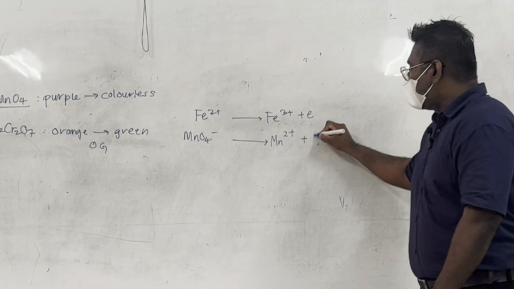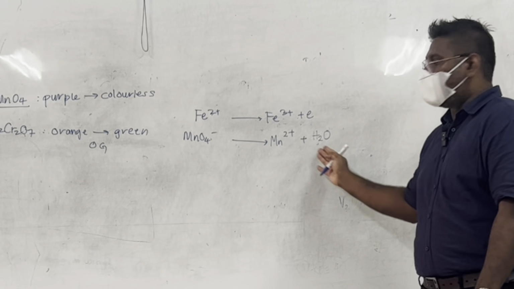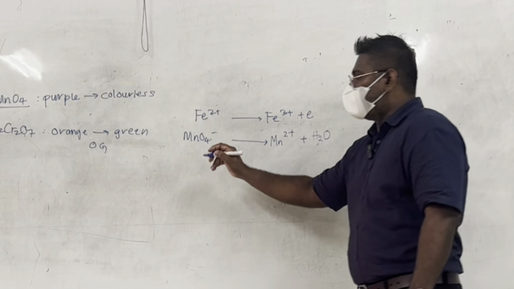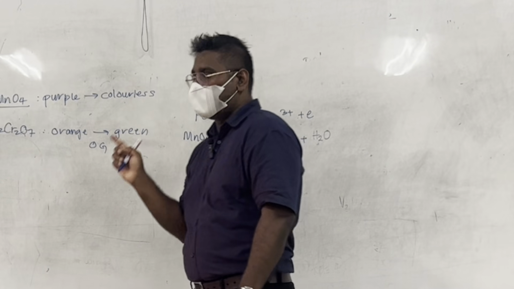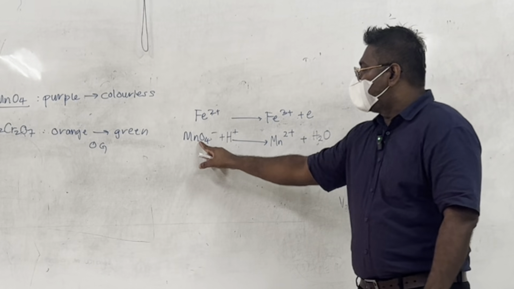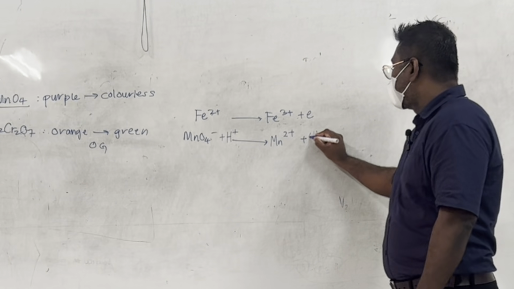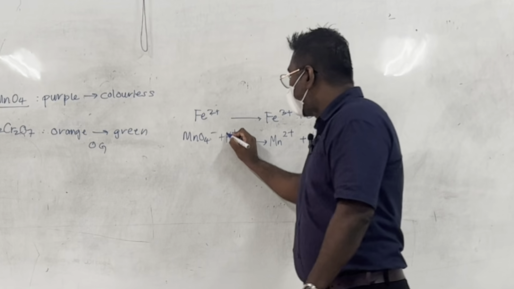You are going to get it in the form of water. There is no hydrogen on the left, so you need to include the hydrogen in the form of H+. That's why it's acidified. The rest, you balance it. That's 4, so I put 4. Hydrogen is going to be 8, so I put 8.